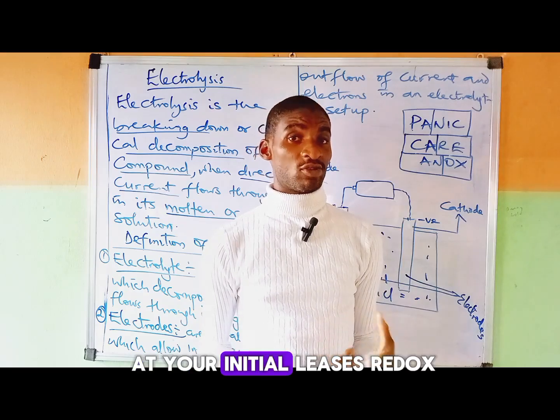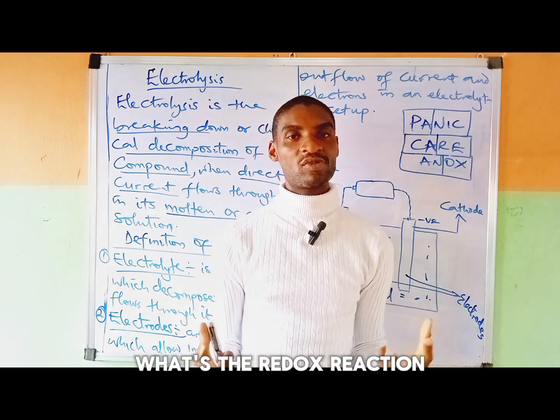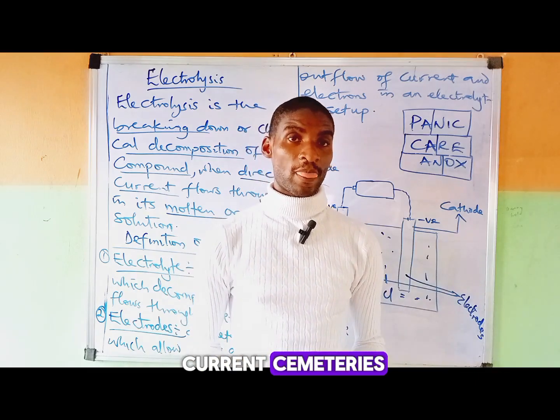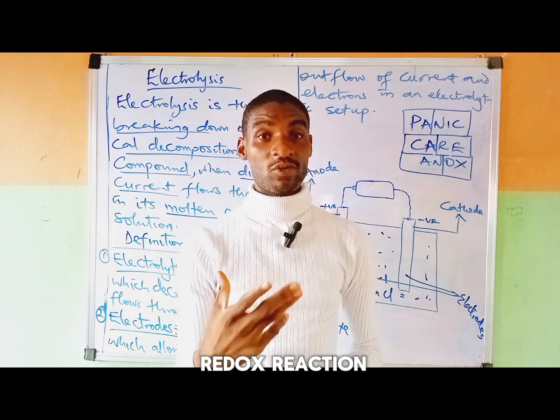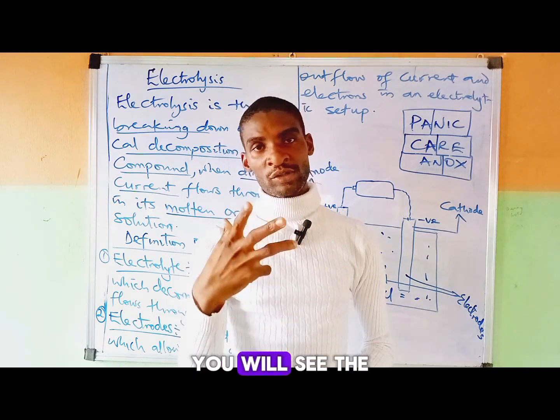If you look at electrolysis, a redox reaction is occurring. What's a redox reaction? Reduction and oxidation occurring simultaneously. If you have not seen my video on redox reactions, you can check the description for the link.